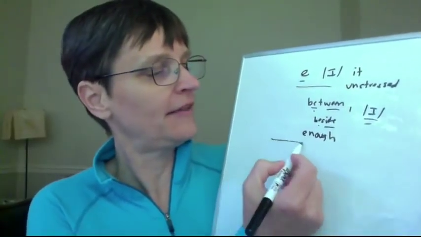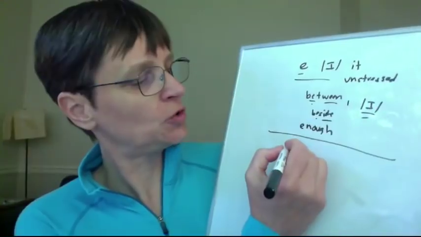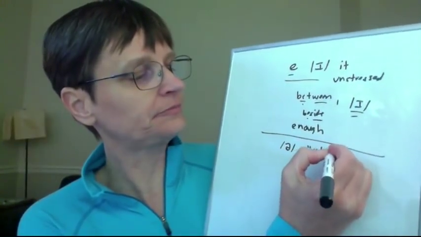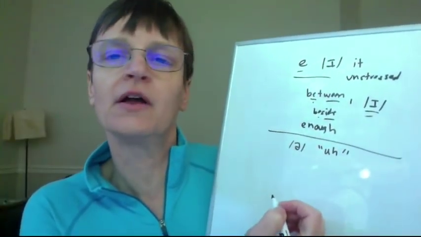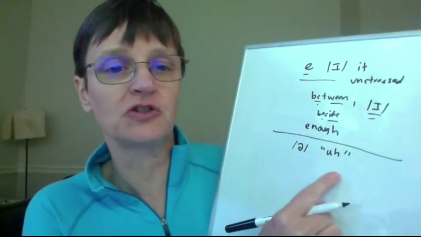So that's one of the sounds that letter E makes that you might not have been aware of. And then it also can be the schwa sound, which is the sound that sounds like uh. That's another case where when the letter E is in an unstressed syllable, it will be the schwa sound.